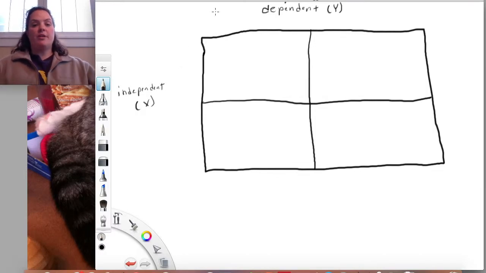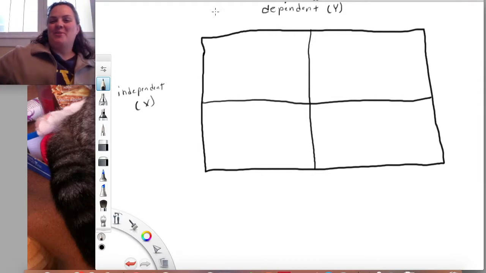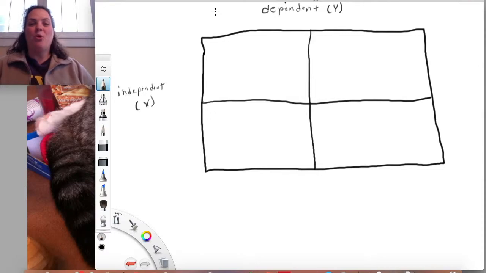Okay, so for both types of variables, we have, sorry, my cat got in the way. For both types of variables, we can have either nominal or continuous data. So I'm going to have nominal and continuous. And the same thing here, nominal and continuous.